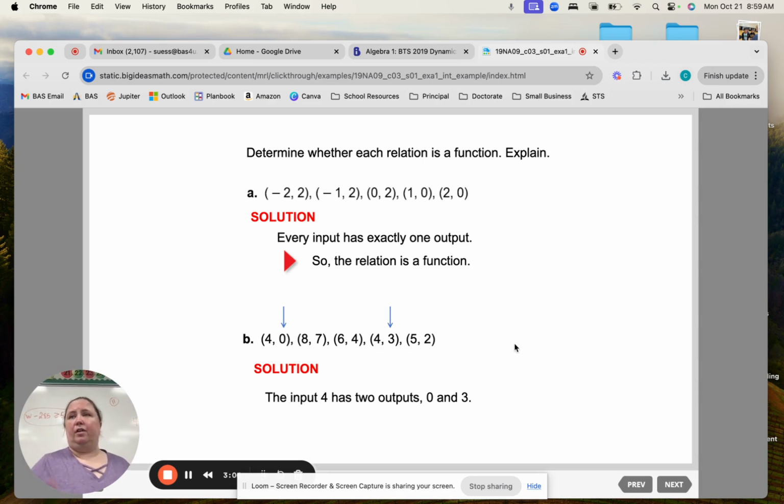There's no way, if you were running a machine and every now and then, instead of it being a 0, it spit out a 3, that's going to skew your data, right? So this can't be a function. I might put that: you cannot have 2 different outputs for the same input. That's a rule you need to know. You cannot have 2 different outputs for the same input.